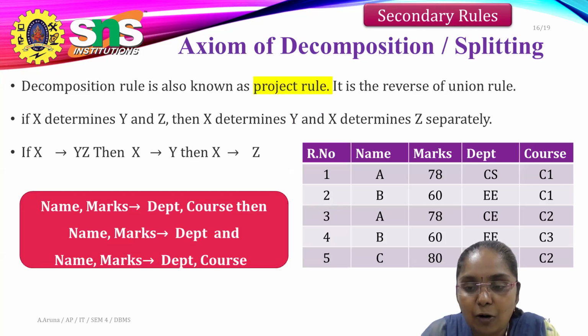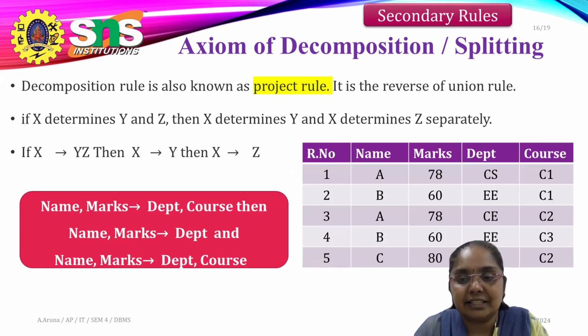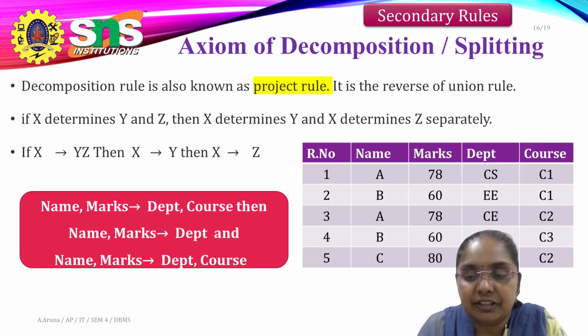The next thing is decomposition, or the splitting rule. It is also called the project rule, or the reverse of the union rule. If X determines YZ, then X determines Y and X determines Z separately. Since the RHS has two attributes, we can split them and write X determines Y and X determines Z. If you want to split the table or split the attributes, we can use the splitting and decomposition rule.